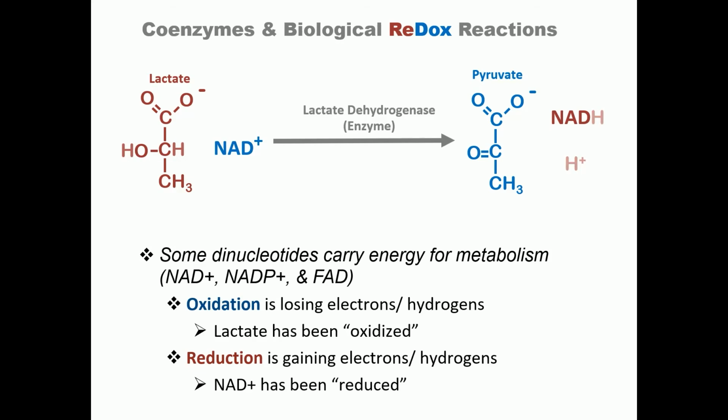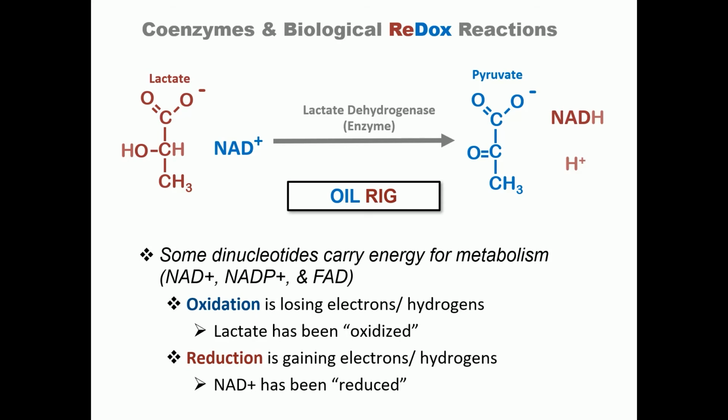Now this OIL RIG, this is something you will learn in any given chemistry class. OIL RIG: oxidation is losing, reduction is gaining. That's just a mnemonic for remembering which term is which. Now, usually you're thinking about electrons when you're talking about oxidation reduction reactions, and we are too, but in most biological equations, we're really just looking at the hydrogens here, and it works just the same.